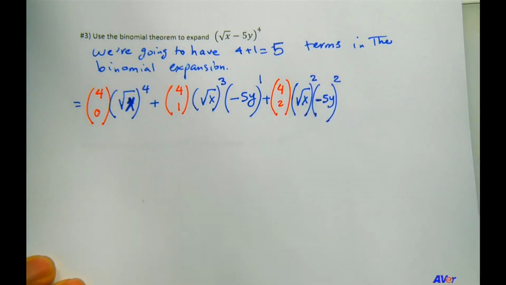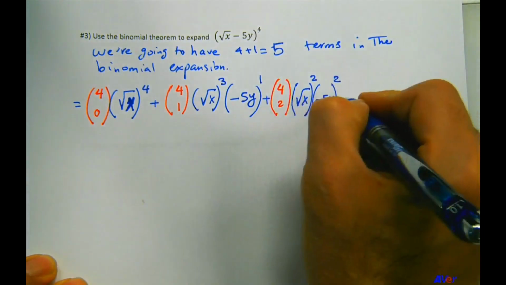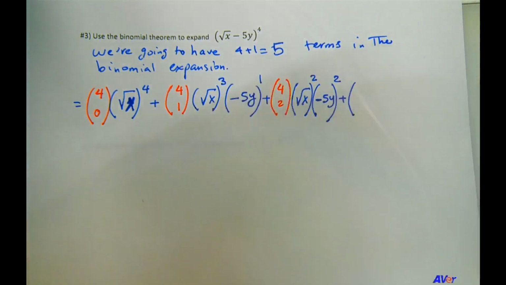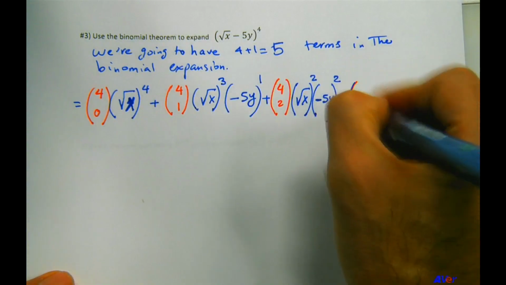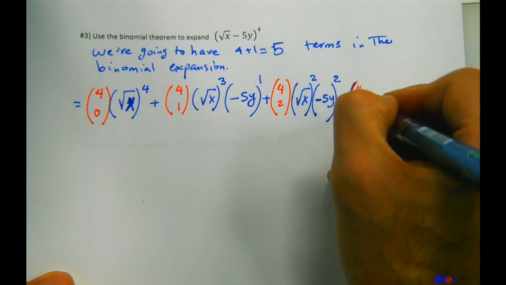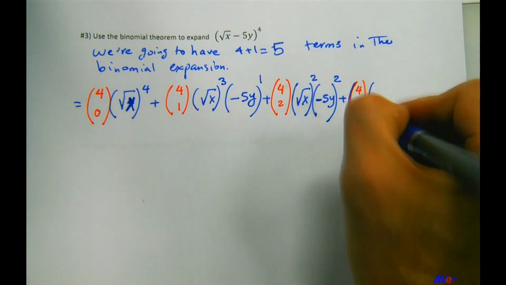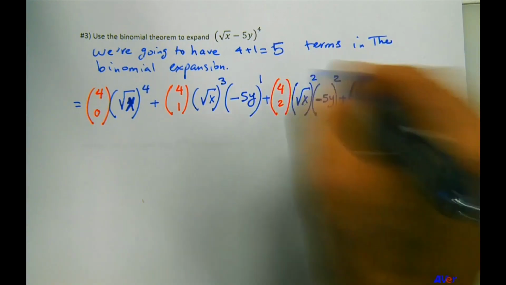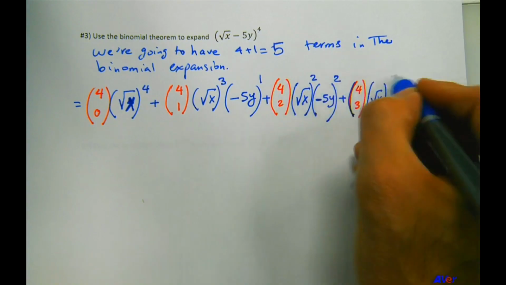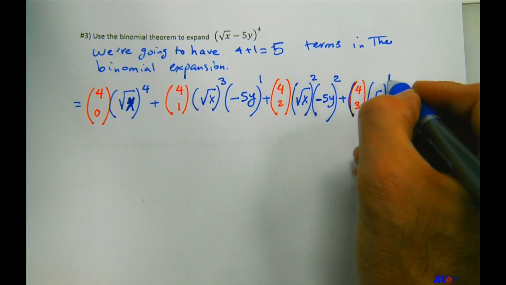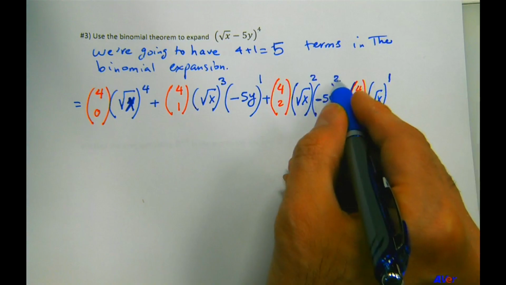Like that. Okay? Plus, the binomial coefficient will be 4 choose 3 times square root of x to reduce this by 1. So, it'll be power 1. Increase this power by 1.